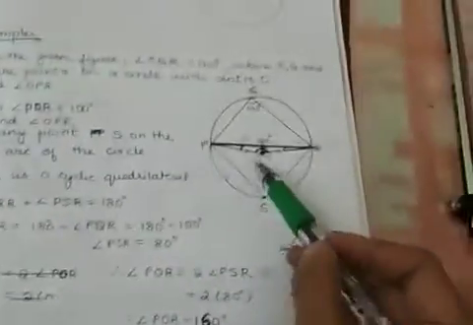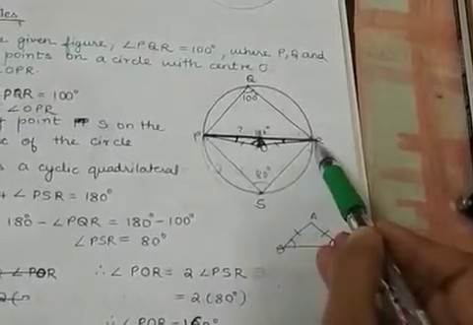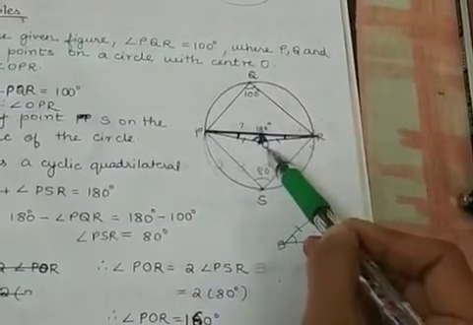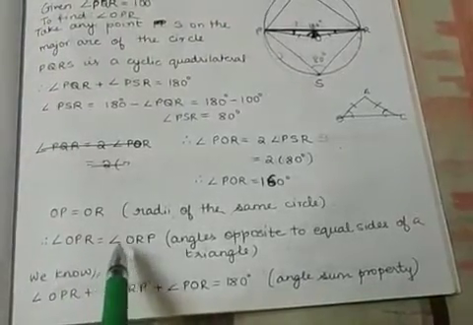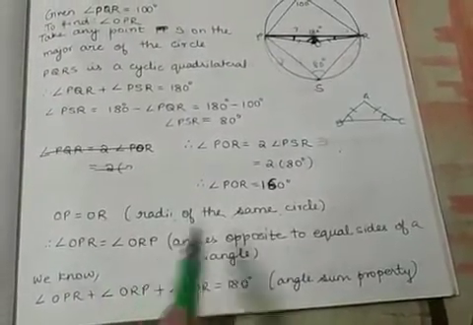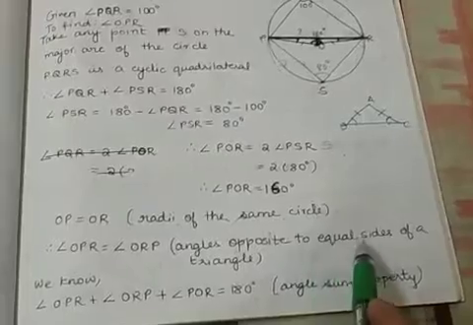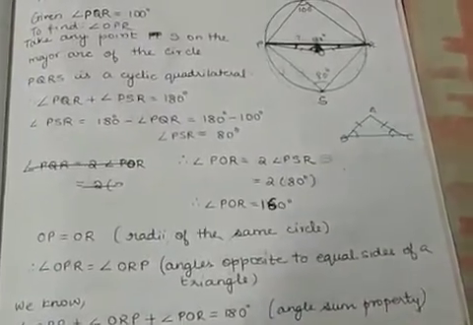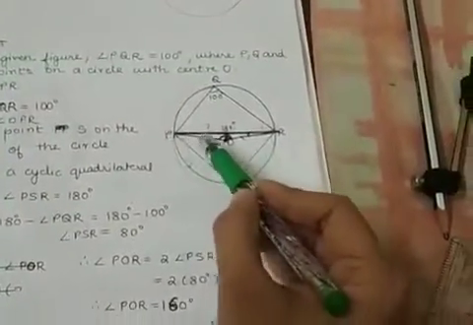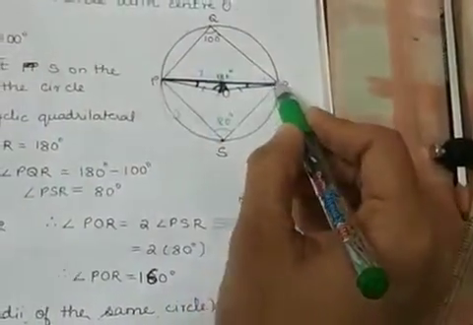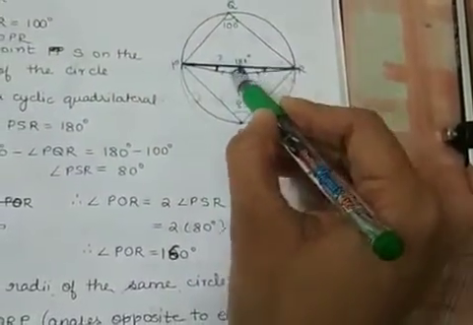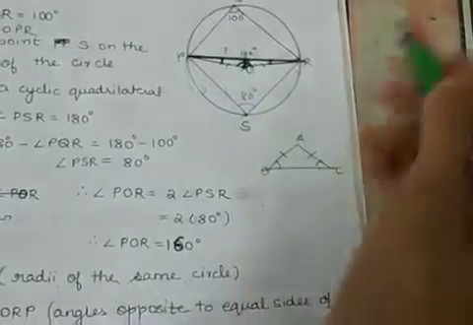So angle OPR should be equal to angle ORP. So angle OPR is equal to angle ORP. What is the reason? Angles opposite to equal sides of a triangle. Now if you take triangle POR, this angle plus this angle plus this angle should be 180.